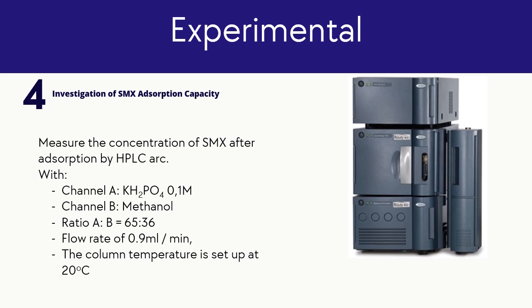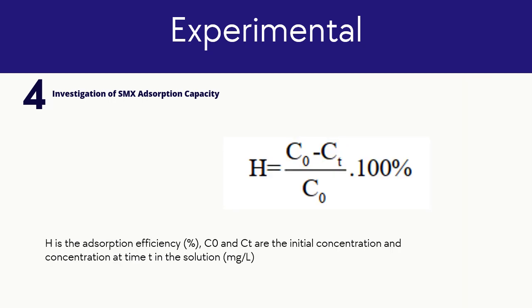The detection wavelength of the sulfamethoxazole peak was 210 nanometers, and the absorption efficiency was calculated using this formula, where H is absorption efficiency, C0 and Ct are the initial concentration and the concentration at time t in the solution.